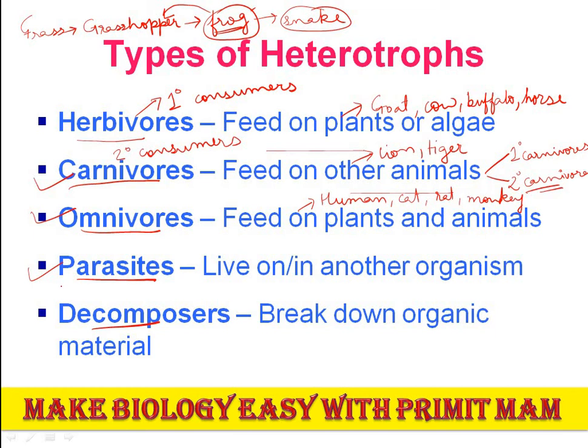The next type is parasites. Parasites are the organisms that live on or in another organism and derive food from the same. Examples of parasites are cuscuta, tapeworms, etc. The other living organisms from which the parasites derive the food are called host organisms.